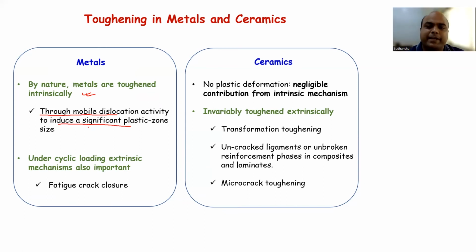So they have by nature good slip activity, and that's why they have a good fracture toughness. Their ductility is also very good. Okay? However, under cyclic loading, extrinsic mechanisms are also important.